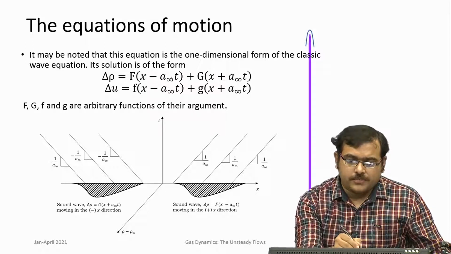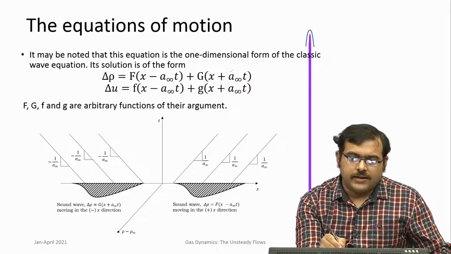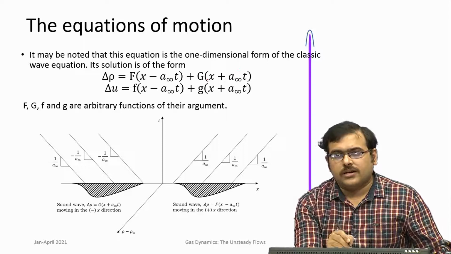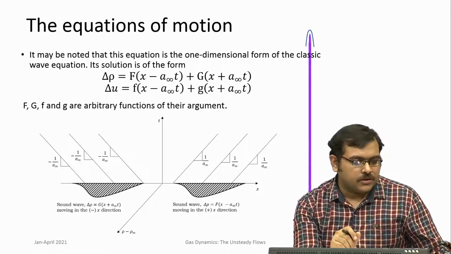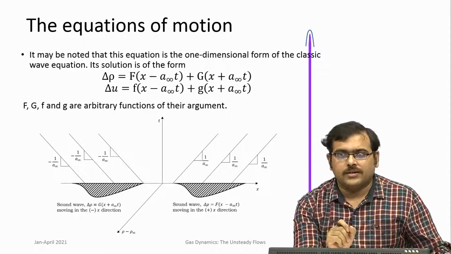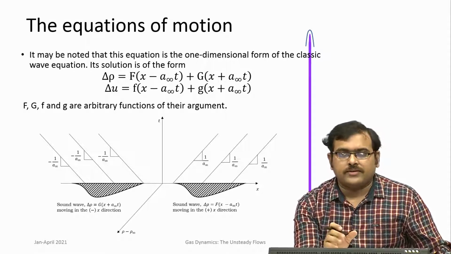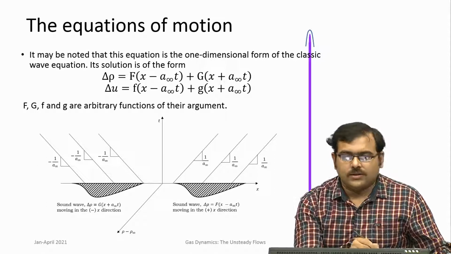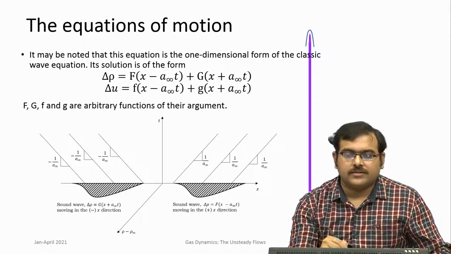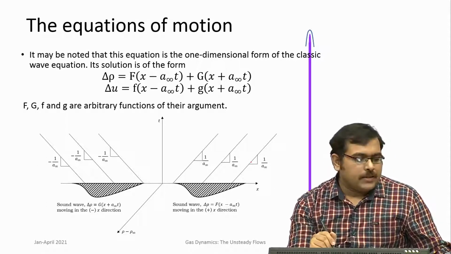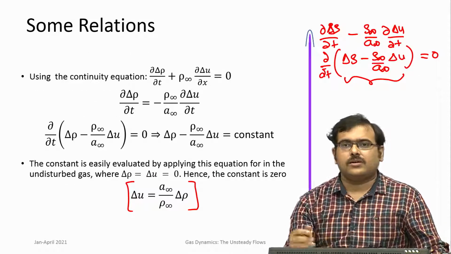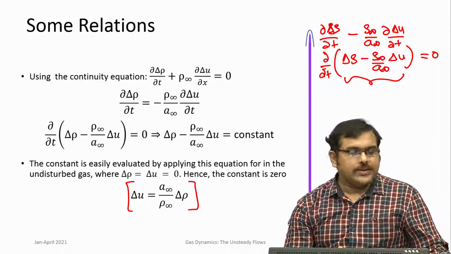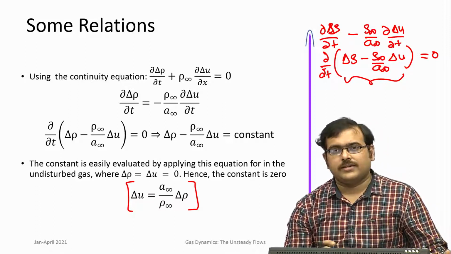Here x minus A infinity t and x plus A infinity t represent two sets of characteristics along which the solution propagates. Since A infinity is constant here, these characteristics are straight lines, but when we go to finite waves, we will see that that need not always be true. So in the next class we will go to finite amplitude waves.